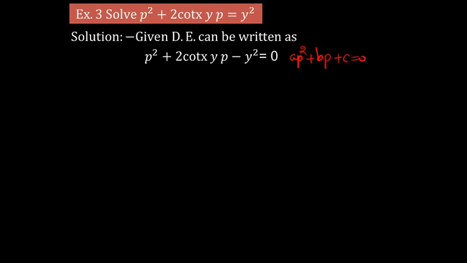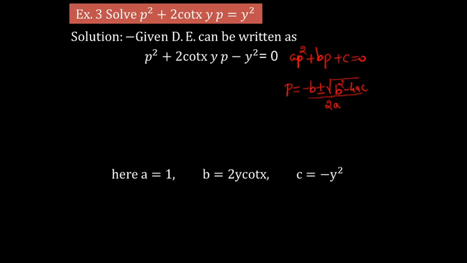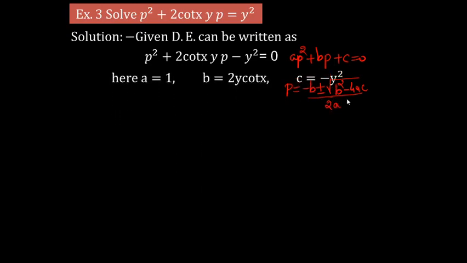So we can get the factors easily by making use of the formula p is equal to minus b plus minus under root of b square minus 4ac upon 2a. Here we just need to identify what a, b and c are in this differential equation. So we get the value of a as 1, b as 2y cot x and c as minus y square.